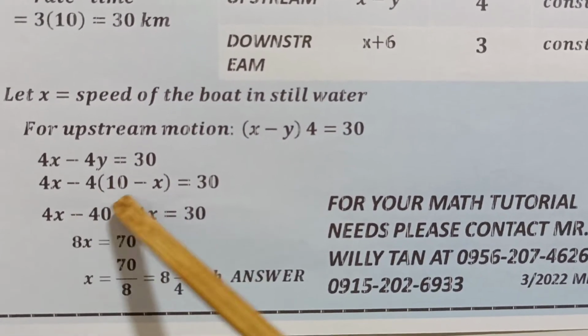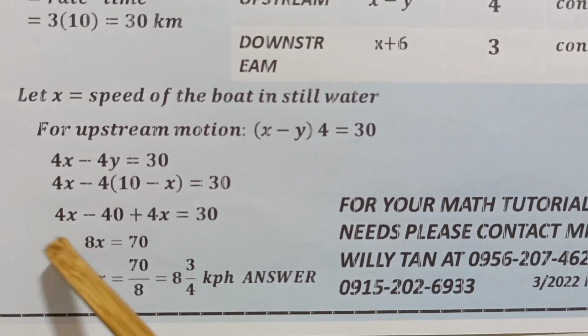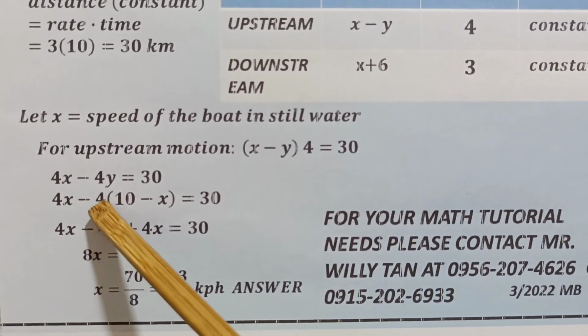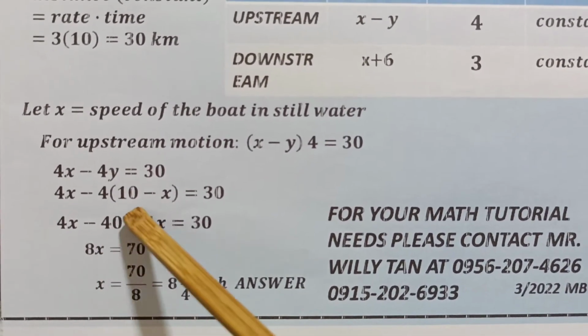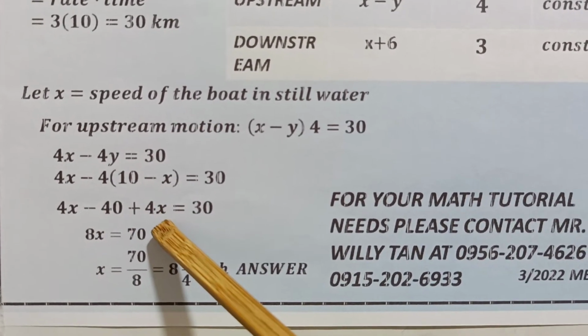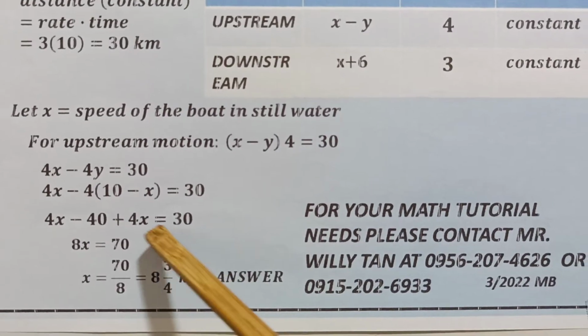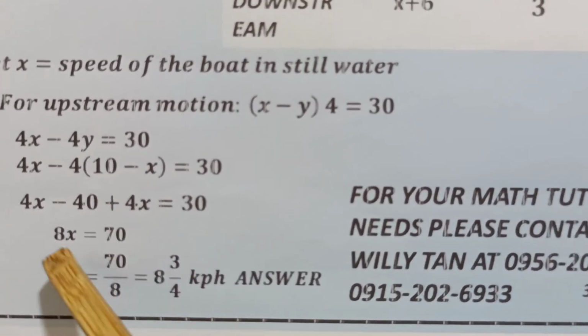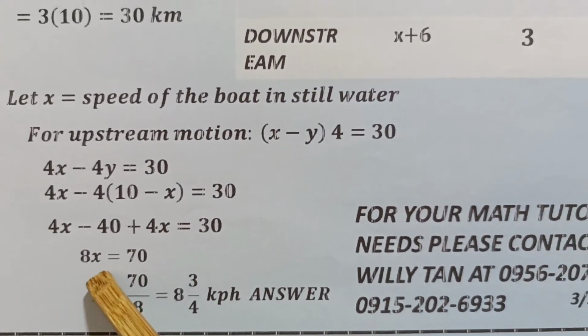So we're going to solve for x here. 4x minus 4 times 10 is negative 40. Negative 4 times negative x is equal to 4x. That is equal to 30. Combining like terms, 4x plus 4x is equal to 8x.